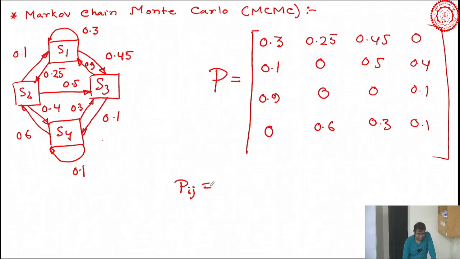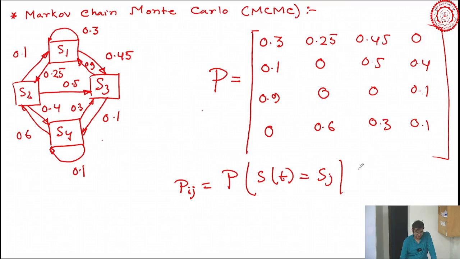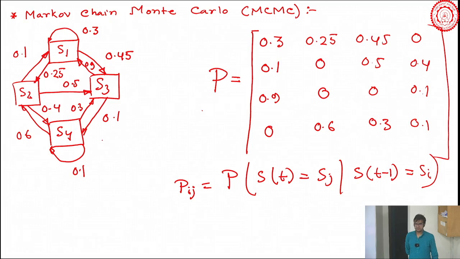So this basically means the probability that S_t is equal to Sj given S_(t-1) is equal to Si. So the second one is where you are going. The first one is where you are. Clear?